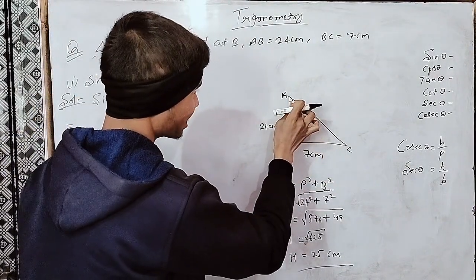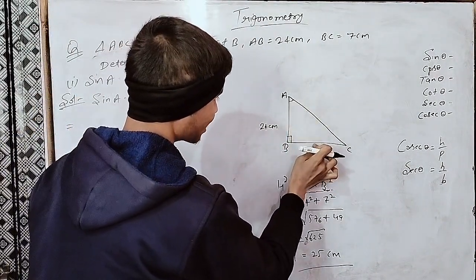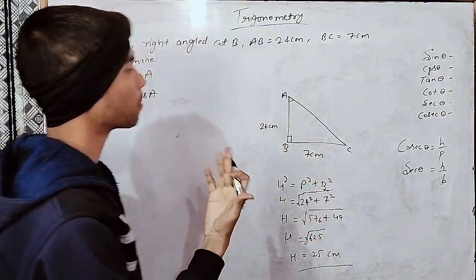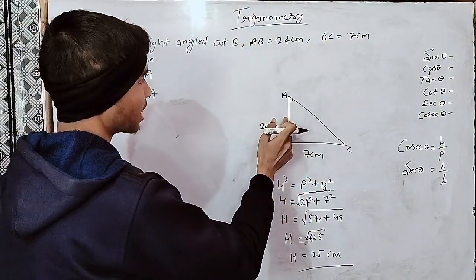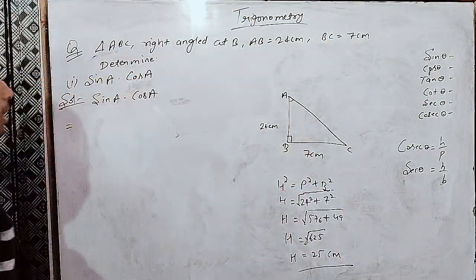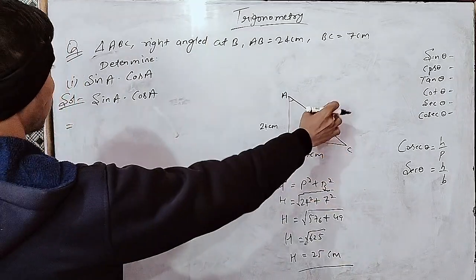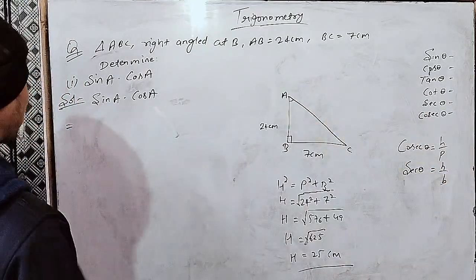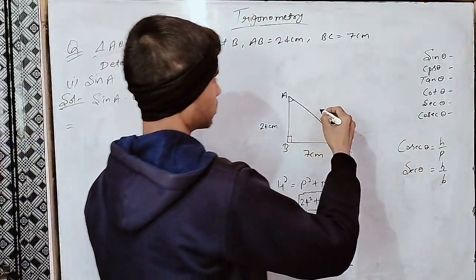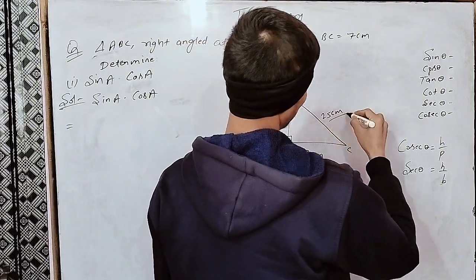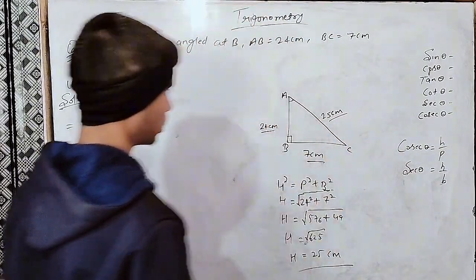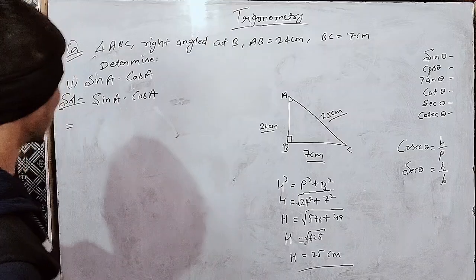the side opposite to this angle. So this side is our perpendicular, and the remaining side will be named the base, and this is already fixed, which is the hypotenuse. So this is 25 centimeter.